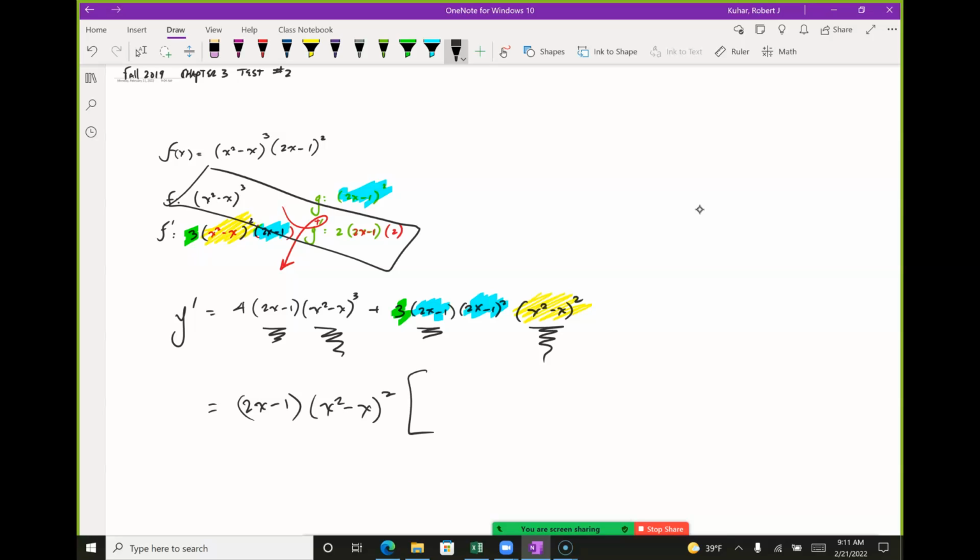And now the question is, what do I have left? Right? What do I have left? So it looks like I still have a 4 left, and I have an x squared minus x. From the second term, I have a 3 left, and I have a 2x minus 1 quantity squared. Is everybody with me?